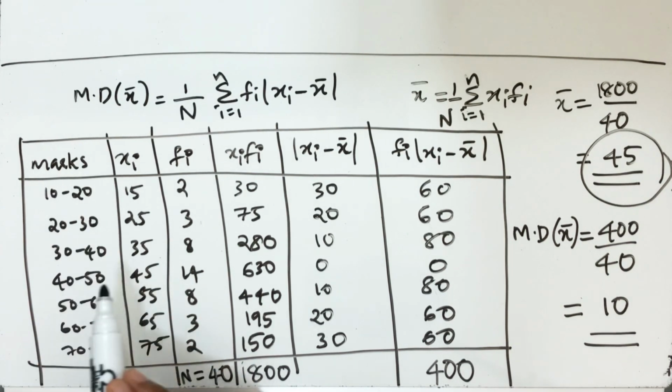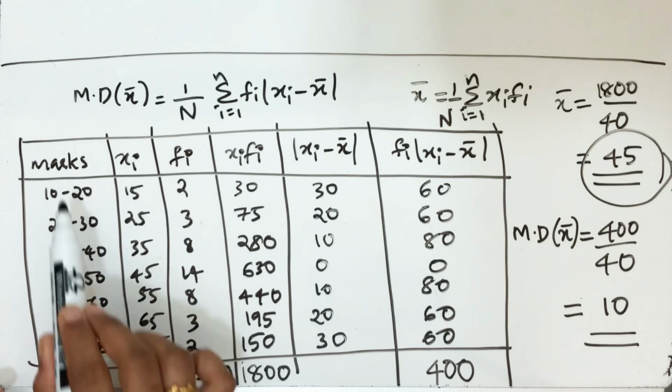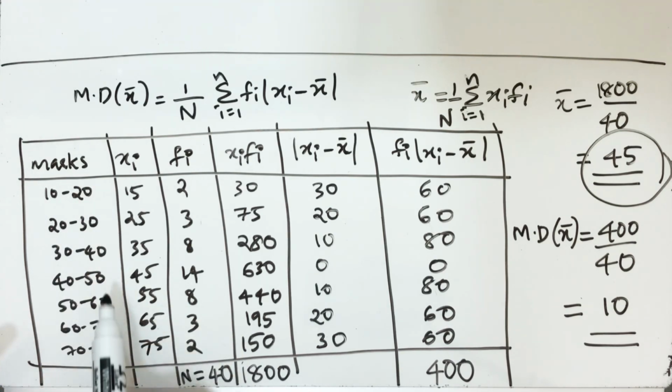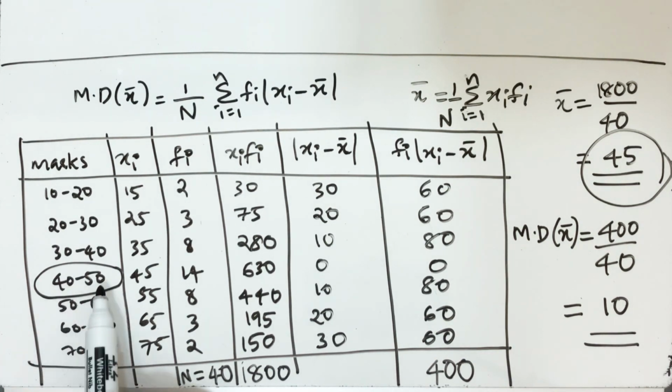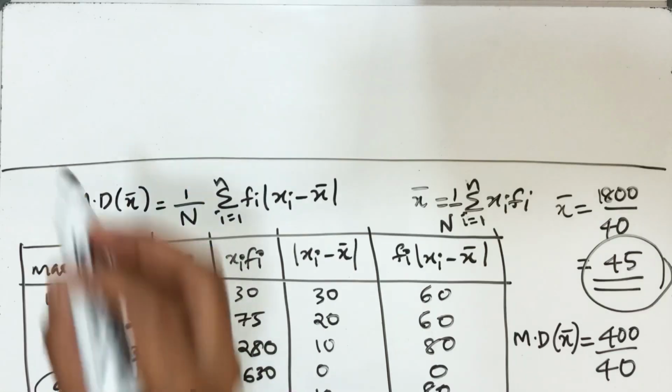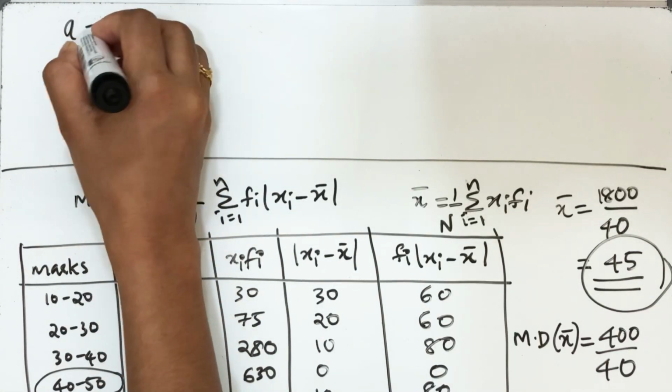Here in this data it has 7 rows of marks, so the fourth row is the middle value. That is, the class interval 40 to 50 came in the middle. The midpoint of this class interval is 45. We can assume this to be the mean. So I take the assumed mean to be 45 here.